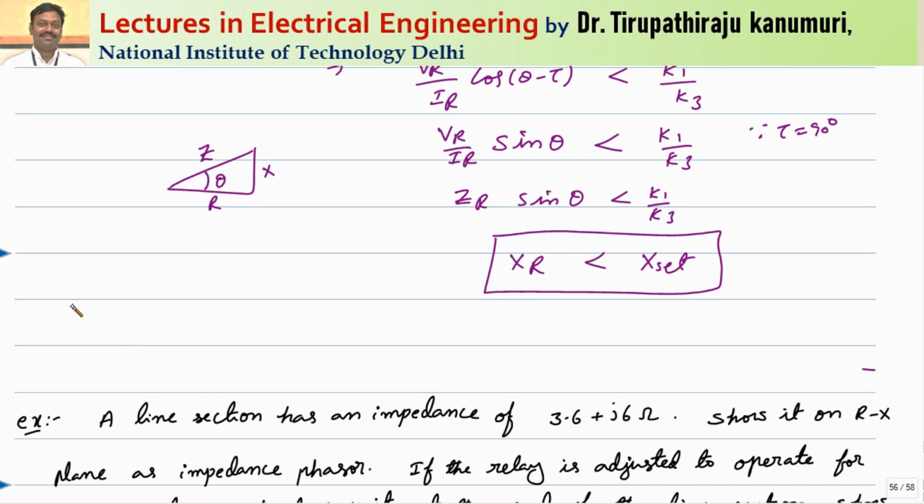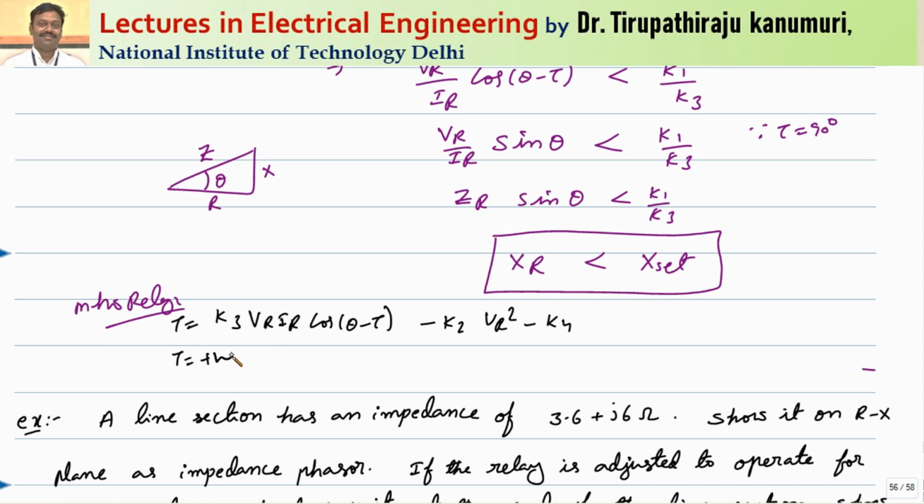After that we have gone for the Mho relay. For the case of the Mho relay, the torque equation will be K3 VRIR cos(theta minus tau) minus K2 VR square minus K4. So the value of torque will be positive when ZR, that is Z measured by your relay, is less than Z set into cos(theta minus tau).